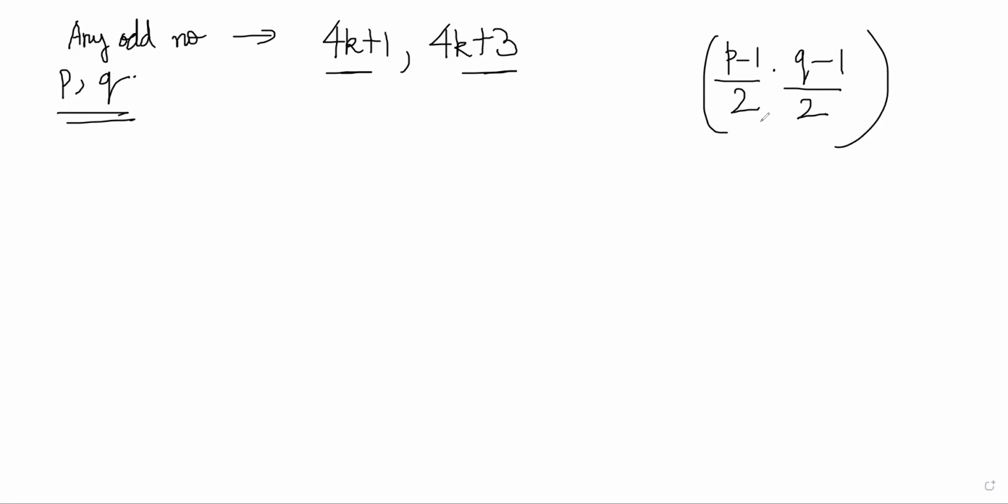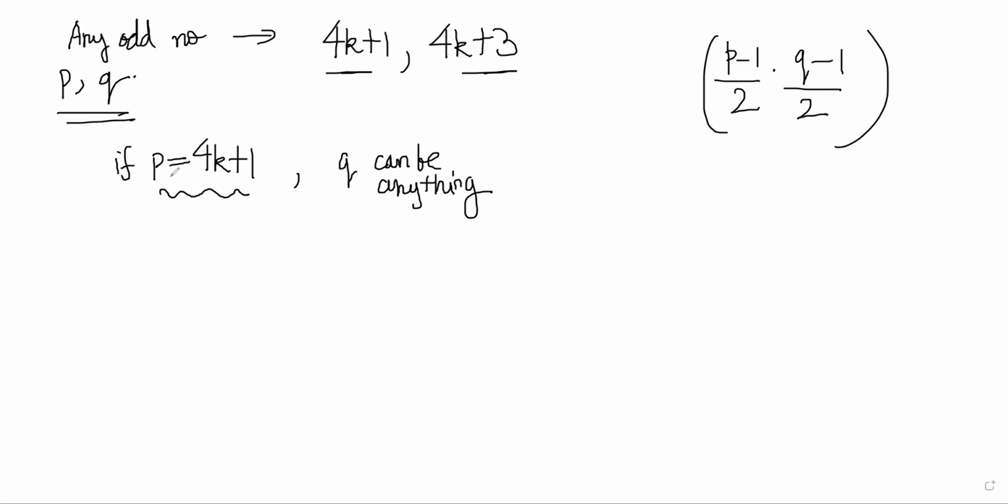So we can show that if P is equal to 4k plus 1 and Q can be anything, then obviously what will happen? (P minus 1) by 2 would become 2k, which is even, right? So the product of an even and an odd or even number will always be even, right?